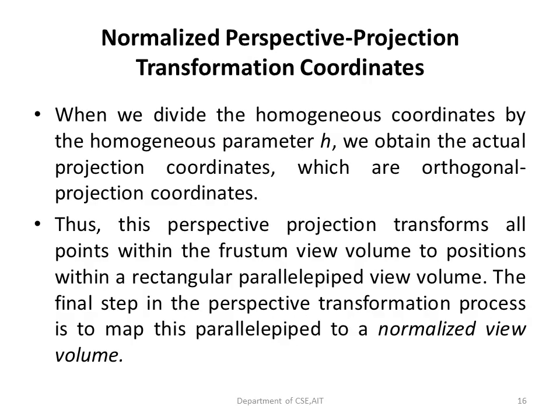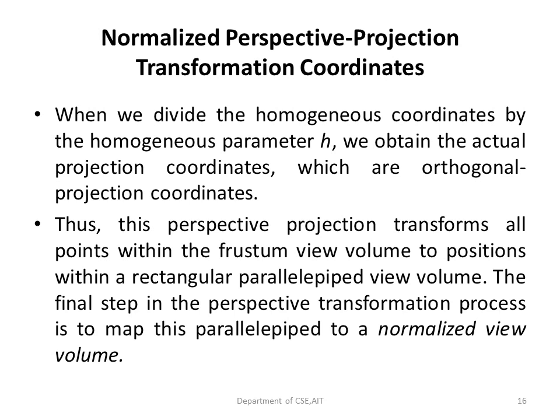When we divide the homogeneous coordinates by the homogeneous parameter h, we get the actual projection coordinates, which are called the orthogonal projection coordinates. This perspective projection transforms all the points within your frustum view volume to some positions within a rectangular parallelepiped view volume.